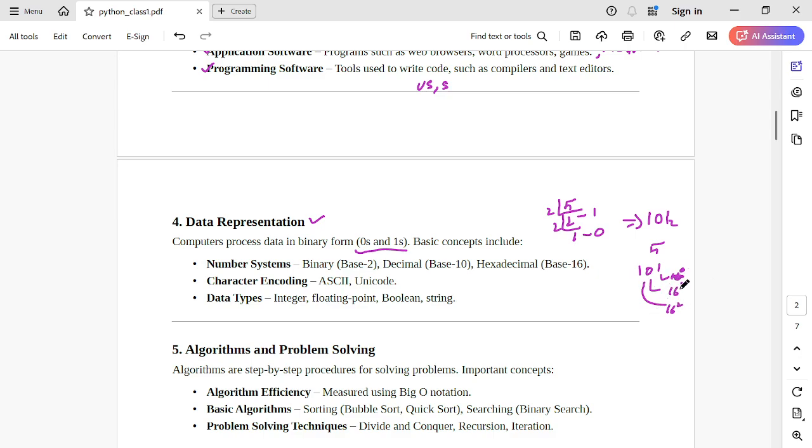So the value will be 16 power 0 is 1 plus 0 plus 16 power 2.